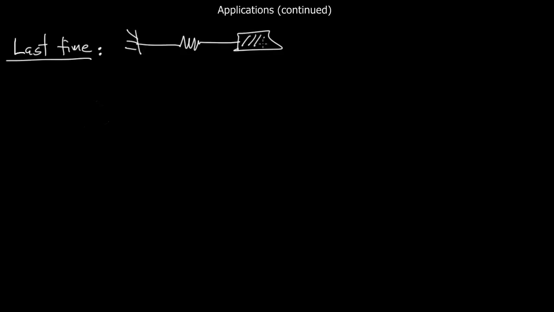Welcome back. We're going to talk some more about some applications now. Last time we discussed the example of a block attached to a wall by a spring. We measured the displacement of the block by a single scalar valued function u of t, and we got the second order linear equation mu double prime plus ku is equal to 0.